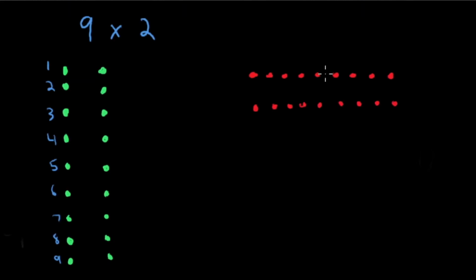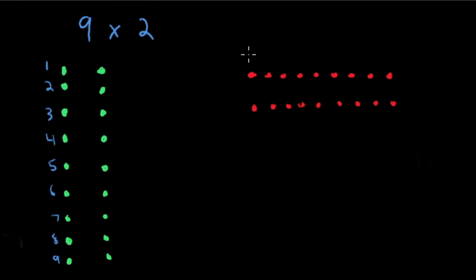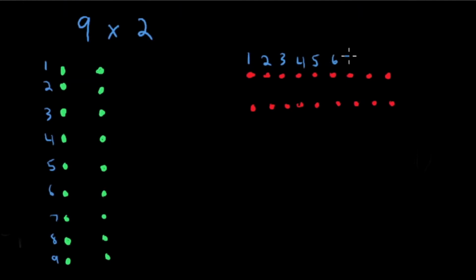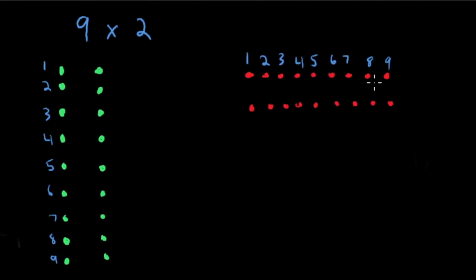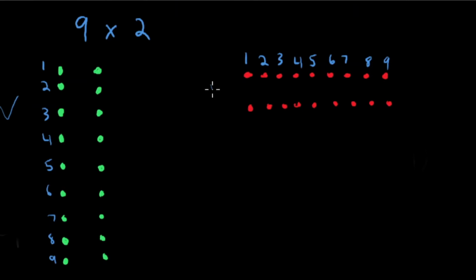Notice either way is going to work, because I have 1, 2, 3, 4, 5, 6, 7, 8, 9, and 1, 2, 3, 4, 5, 6, 7, 8, 9, different groups. Either array will work. This array works and this array works.